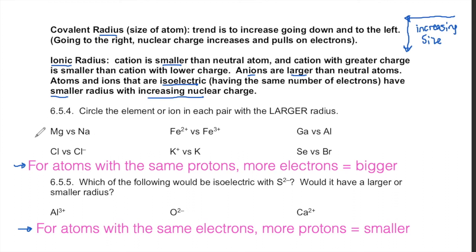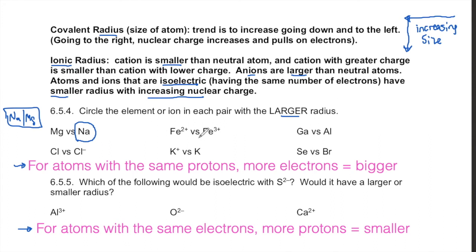All right, so here, this first problem, we're comparing different ions and atoms, trying to see which one is larger. Magnesium versus sodium. On the periodic table, sodium is just to the left of magnesium. And so we know that going to the left is where the size increases, so sodium is going to be bigger than magnesium.